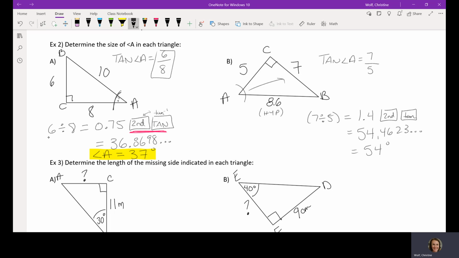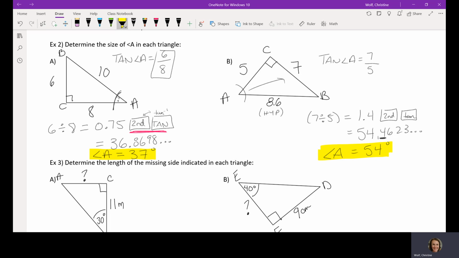All we do is look at this number. If it's 4 or below, we go down. If it's 5 or above, we go up. So angle A here equals 54 degrees.